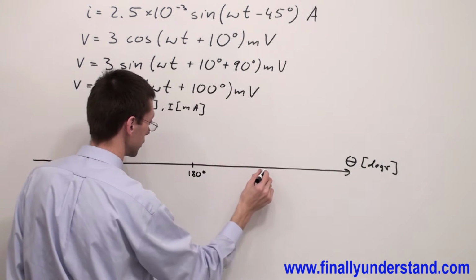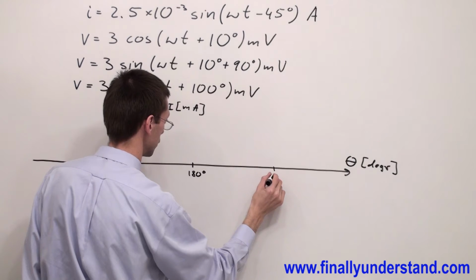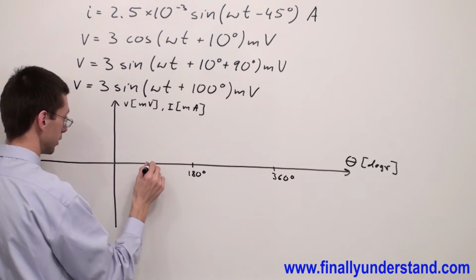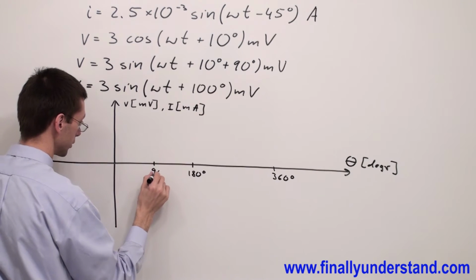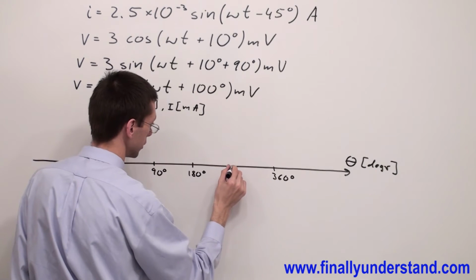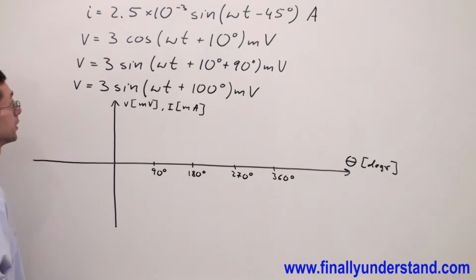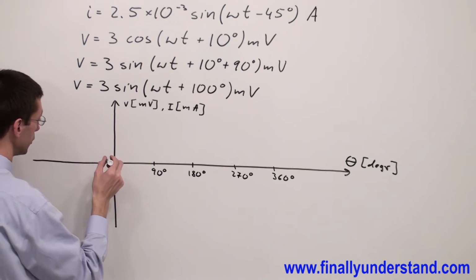180 degrees, twice of it is 360 degrees. Also, I have to find 90 degrees and 270 degrees. Let's take a look at the first equation. My peak value is 2.5 milliamps and my voltage is 3 milli.